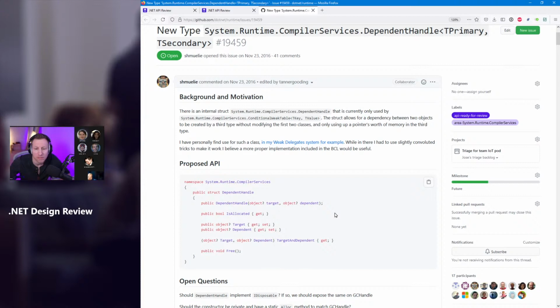Okay, so this is a mutable struct, which we don't like, but it's a weird thing. I assume that this is not backed by a reference thing that makes it safe, right? It's just as unusable as GC handle because it's just as niche as GC handle.